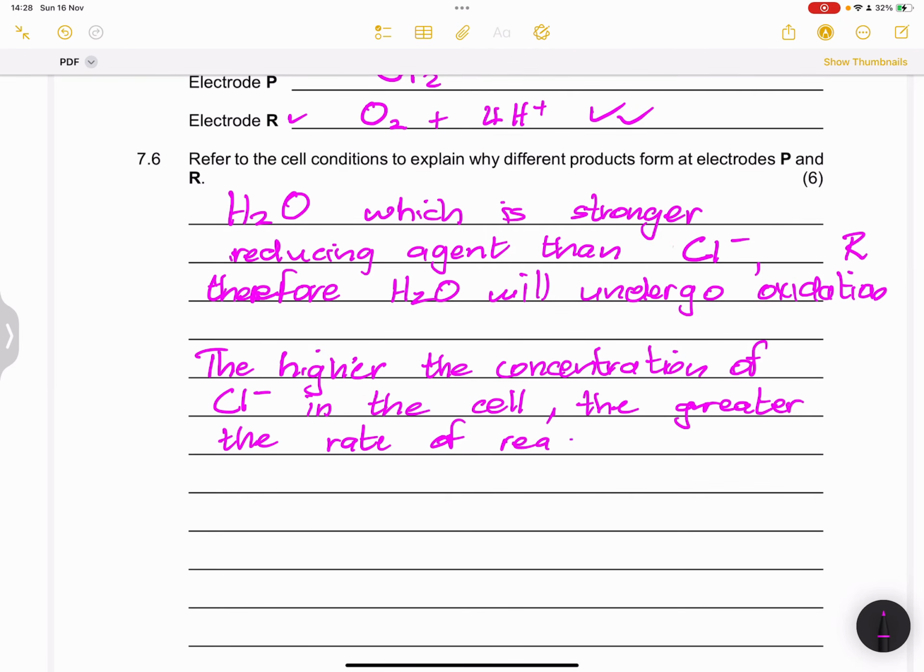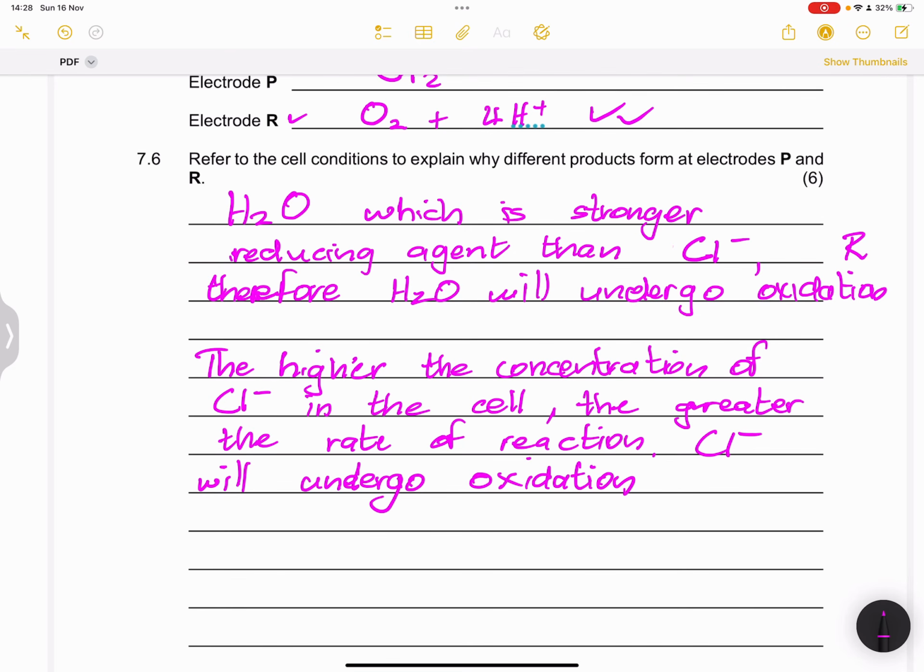The rate of reaction. So therefore, the chloride ions will undergo oxidation. So Cl minus will undergo oxidation, right?